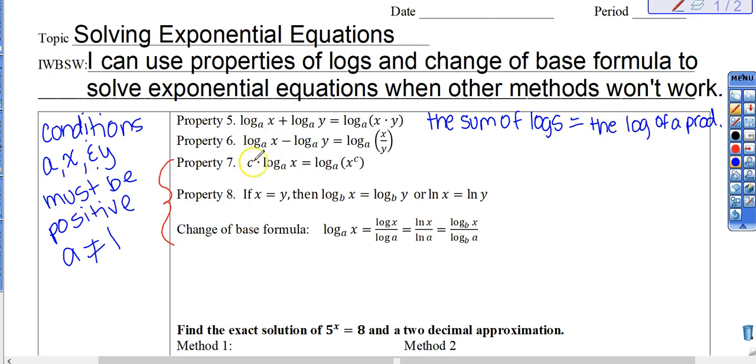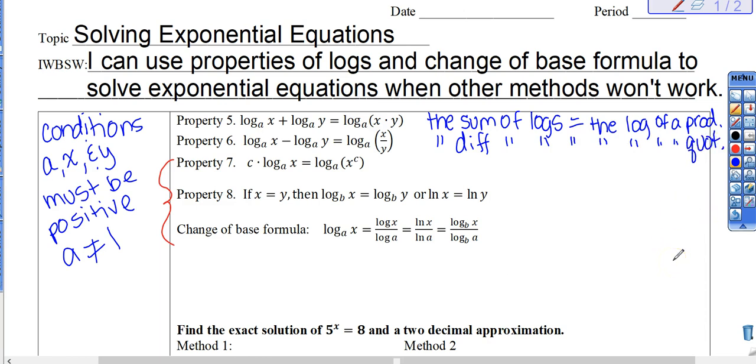So that's the verbal explanation of that property. Property 6, you're subtracting. So I'm not going to write words over and over again. I'm going to be efficient. Ditto. The difference of logs equals the log of a quotient. Those are ditto marks.